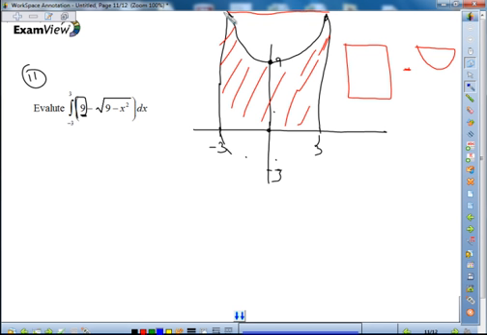So the area of this rectangle, the base is 6, right? I have 3 here, 3 here. So since we moved the graph up, remember how my center was at 9? That means that the height of the rectangle is also going to be 9. So the area of the rectangle is 54.